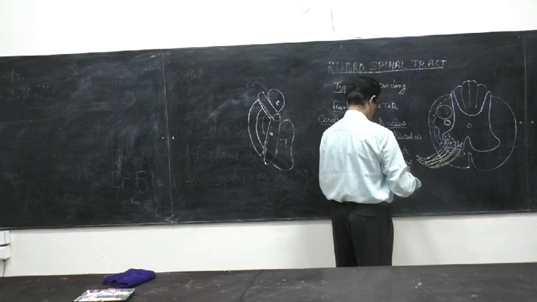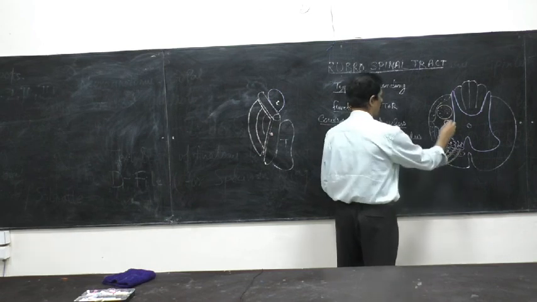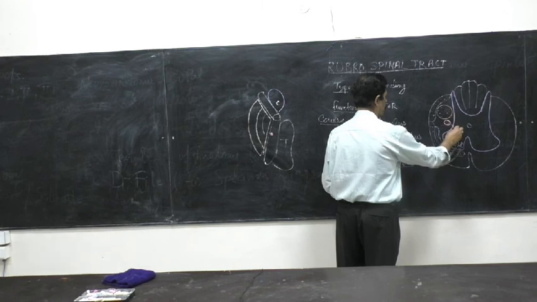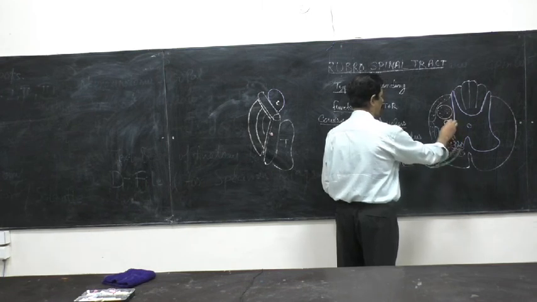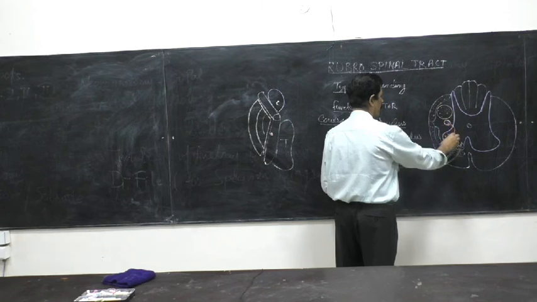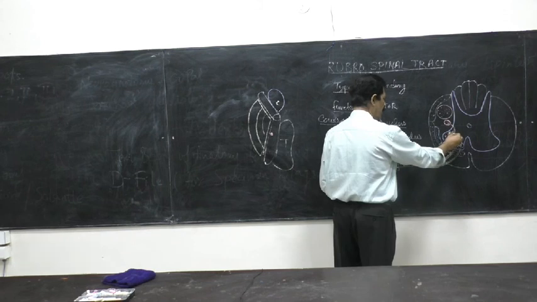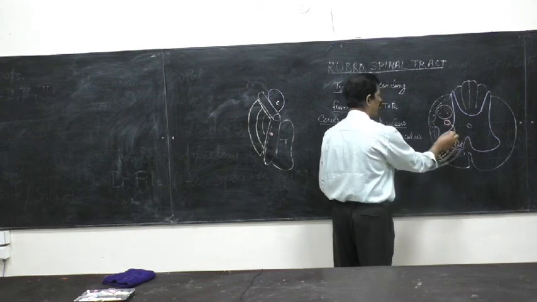So with the help of interneurons, the fibers of the rubrospinal tract relay in the ventral horn cells, mainly in the anterolateral group of the cells of the ventral horn.